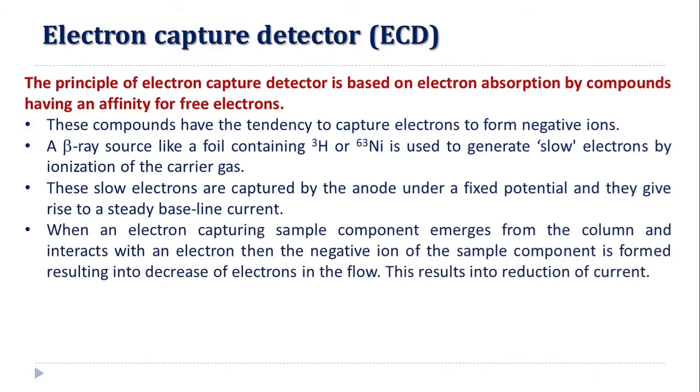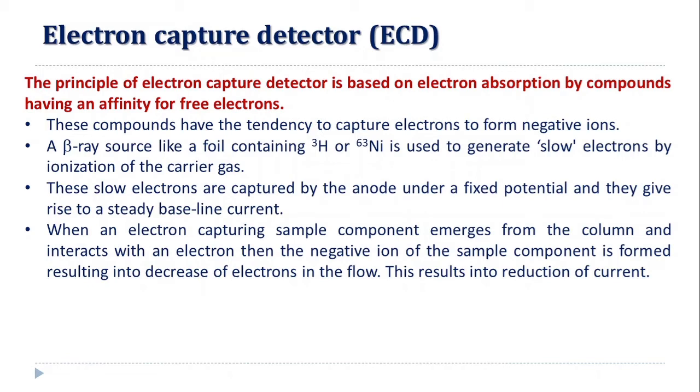But when the electron-capturing sample components emerge from the column, as soon as the sample comes with the carrier gas and interacts with the electrons, negative ions of the sample components are formed, because organic compounds contain electronegative atoms. They capture these electrons and form electronegative ions, resulting in a decrease in electron flow of the detector, and this results in a reduction of the current.